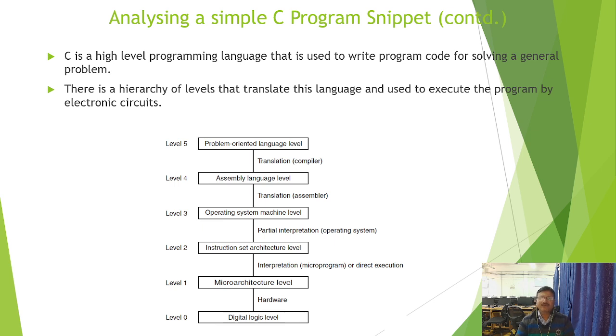Obviously there is a dependency from top to bottom: it is translated first by the compiler, then by the assembler, then assembler to linker, and by linking, the total code is provided to the operating system, and thereafter the OS will execute that program through its microarchitectural level, and from that level digital logic circuits will execute that particular program.